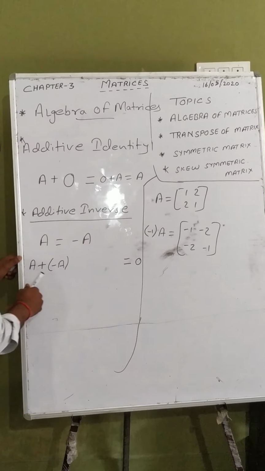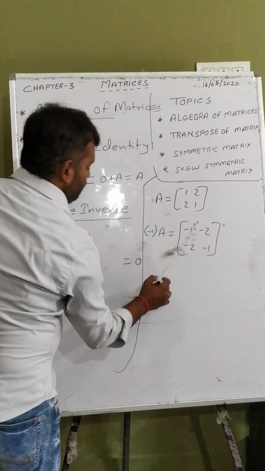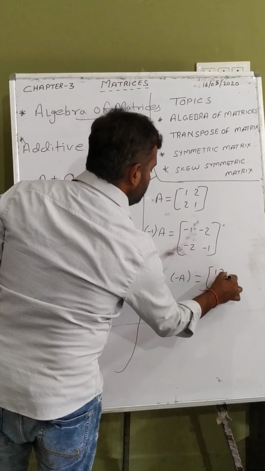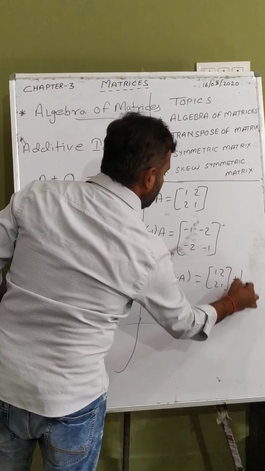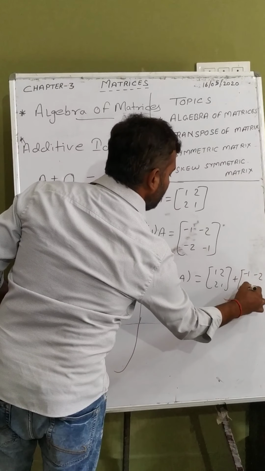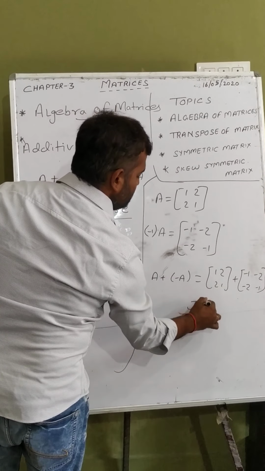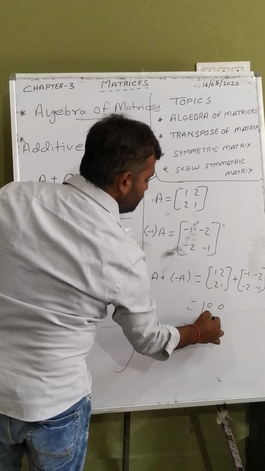So what we have written here is A plus minus A. Now find the value of A plus minus A: 1, 2, 2, 1 plus minus 1, minus 2, minus 2, minus 1. Adding the two matrices, 1 and minus 1 gives 0, 2 and minus 2 gives 0, so we get 0, 0, 0, 0.